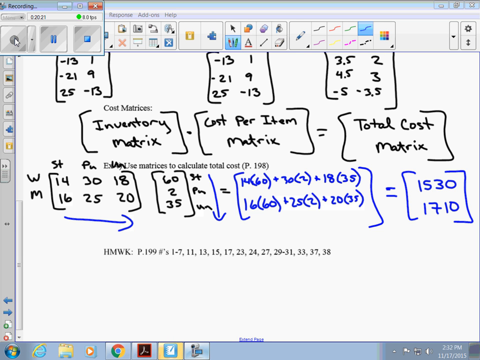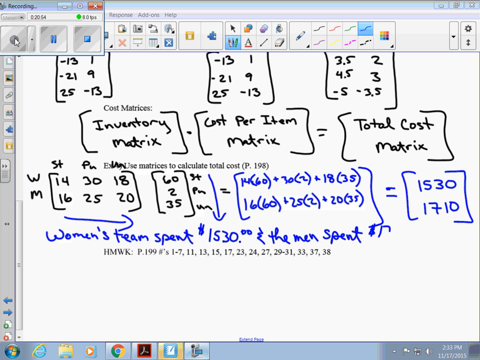So now we have to answer the question. It says, use matrix multiplication to find the total cost of equipment for each team. So the women's team spent $1,530, and the men spent $1,710.